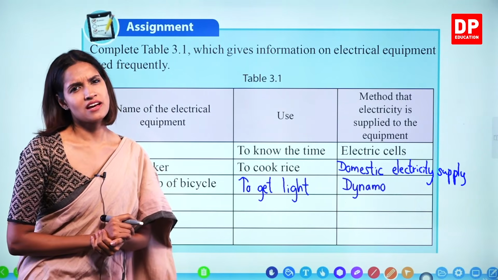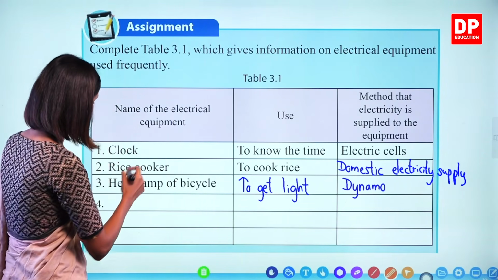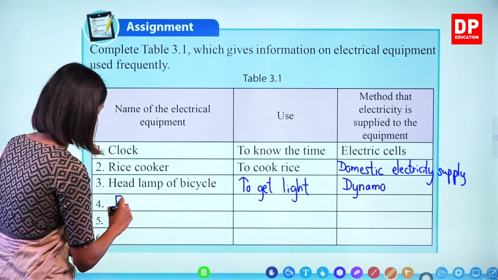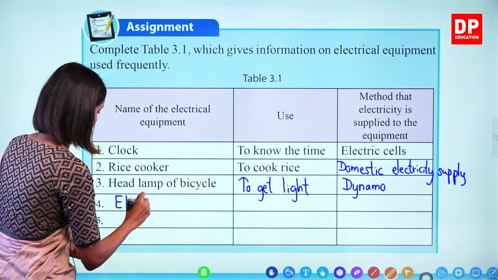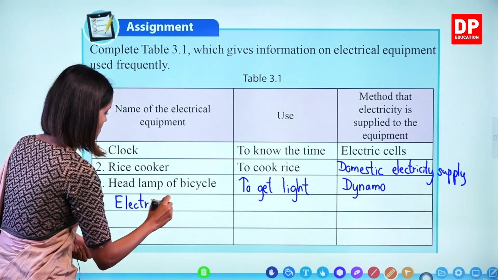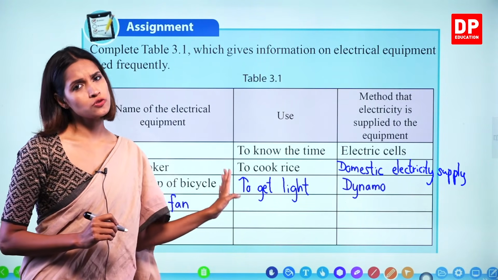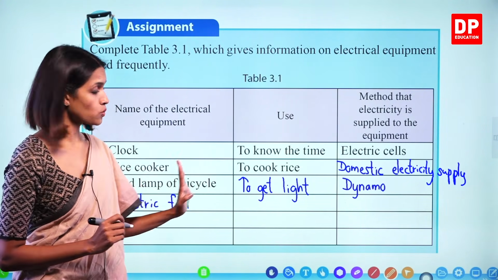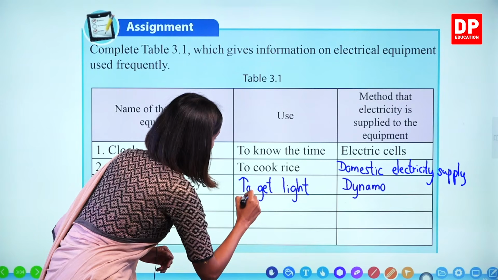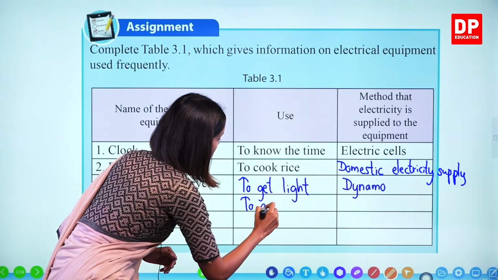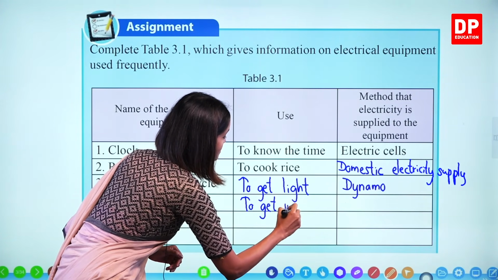What are the other examples? We can write fan, electric fan. So what is the use of the fan? Fan is used to get wind.